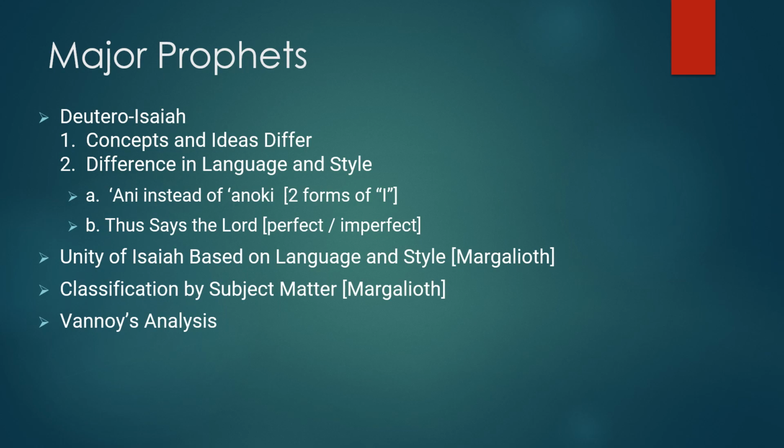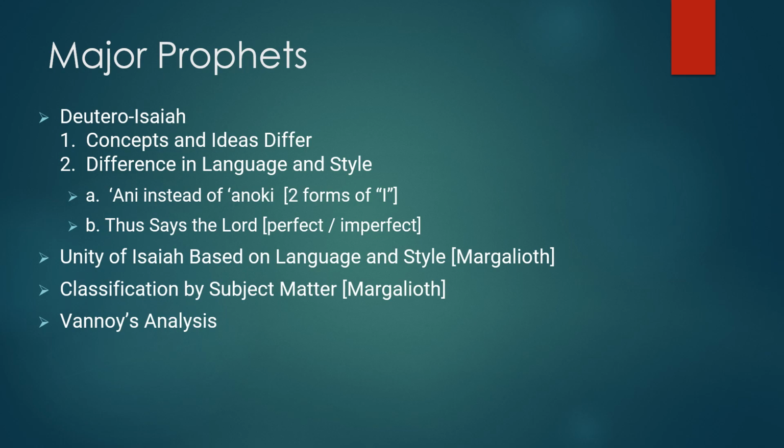So I don't think that Margoliot can prove without any question the unity of the book by this kind of method, but I certainly feel that her method is more secure than the other that tries to divide the book. At least it provides an answer to those who want to divide Isaiah. But I think the reverse is true as well.